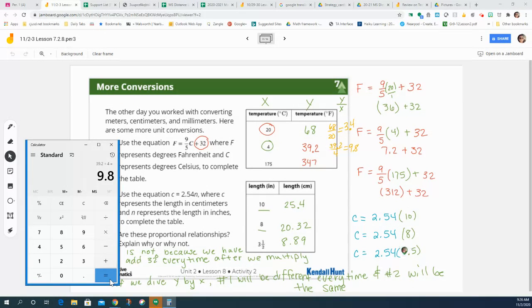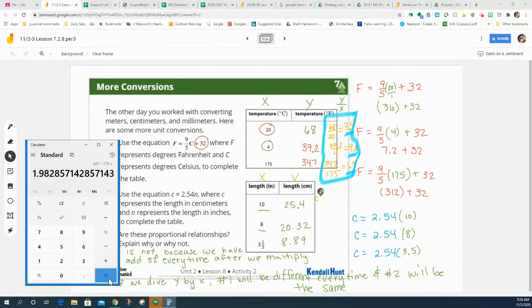And lastly, 347 divided by 175 is a repeating decimal. And if you notice here, all of the values in this column are different: 3.4, 9.8, 1.9.